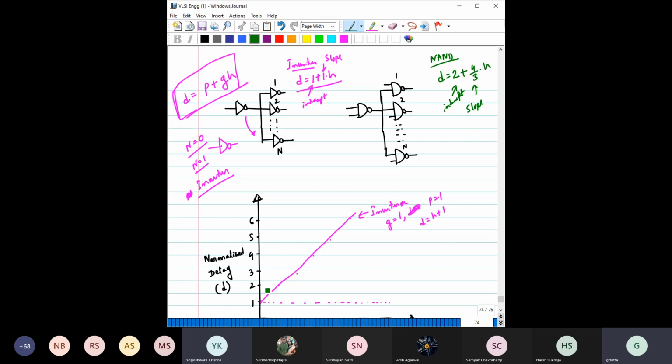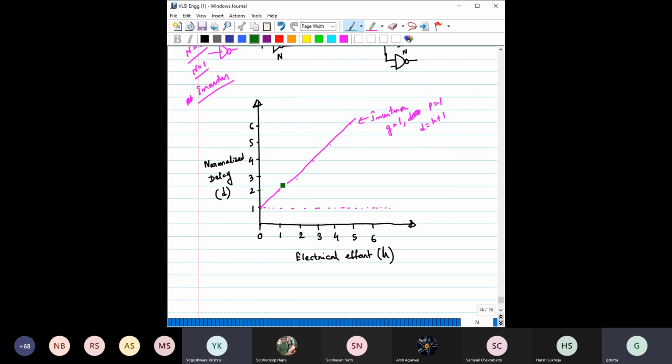So fix it to 2. 4 by 3 is greater than 1, so the slope for this would become higher. Again, I am just plotting it. I have not calculated what value it should be at each point, but typically it should be like this. The slope should be higher than this one, and this is the parasitic delay for this NAND gate.